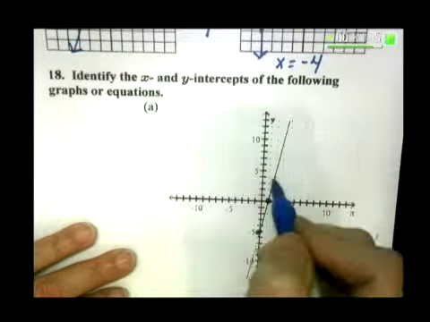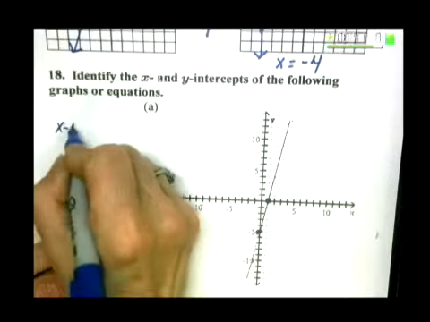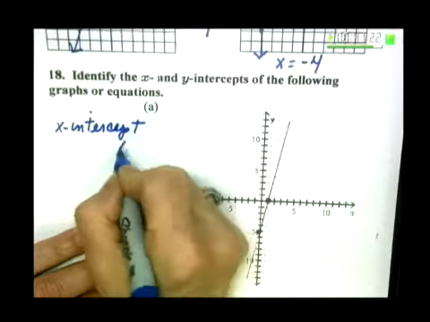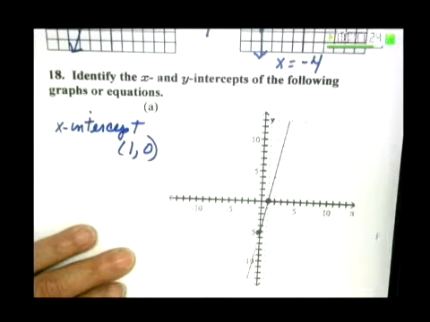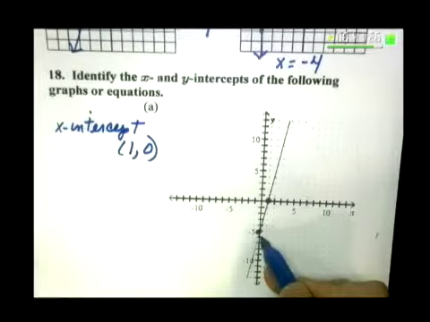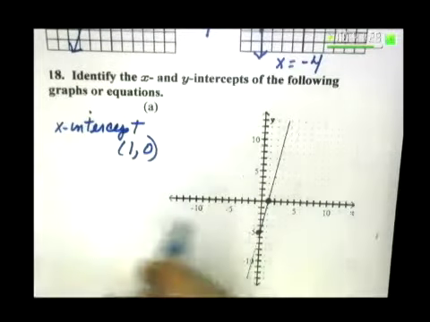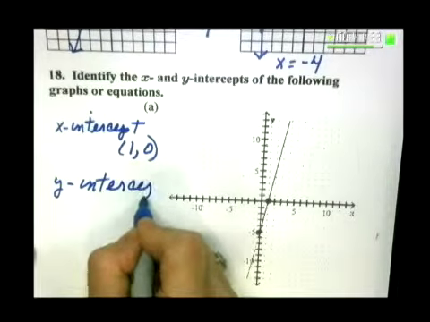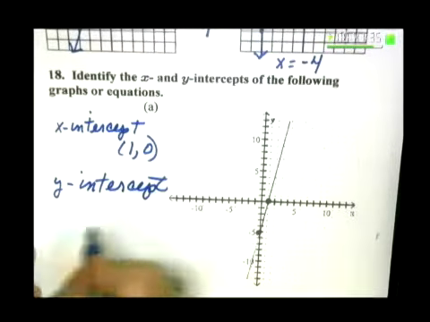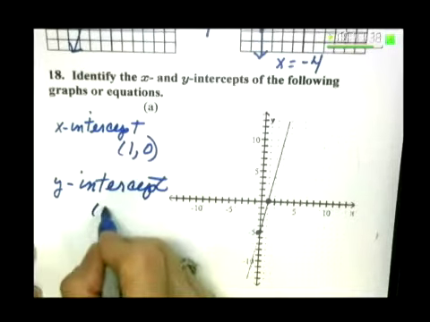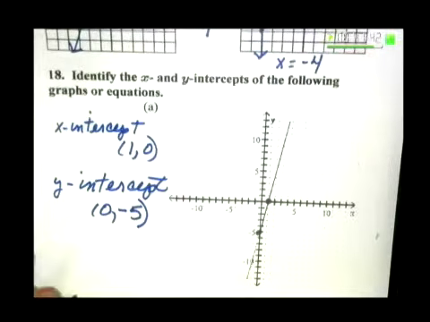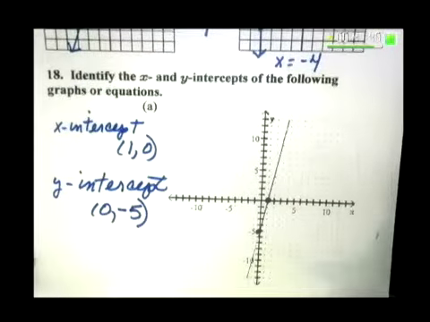So the x-intercept is 1, 0, right here. And this is where the line crosses the y-axis, which is your y-intercept. And the y-intercept is 0, negative 5. Question?